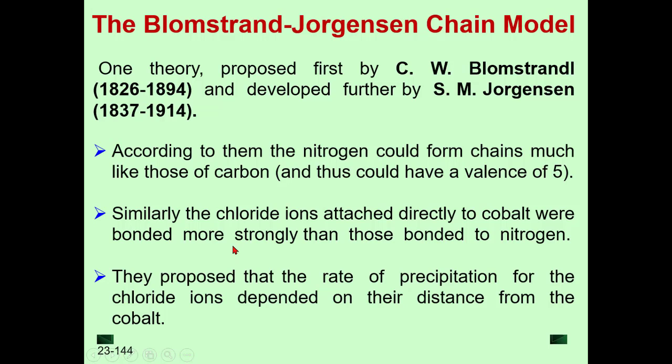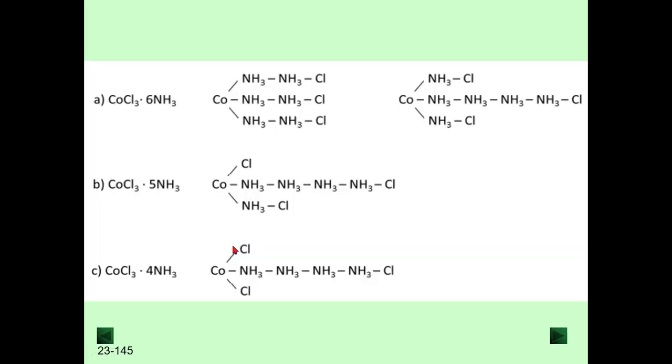Here they show some of the structures. They show two possible structures according to precipitation: in one the chloride ions are very near, so they are non-ionizable, and in the other the chloride ions are very far, so they are most easily detached. Similarly, some are directly bonded, some have one ammonia molecule between, and in this case four ammonia molecules.